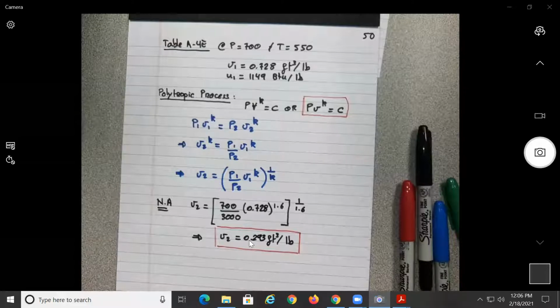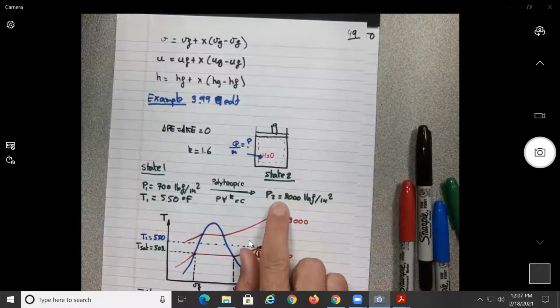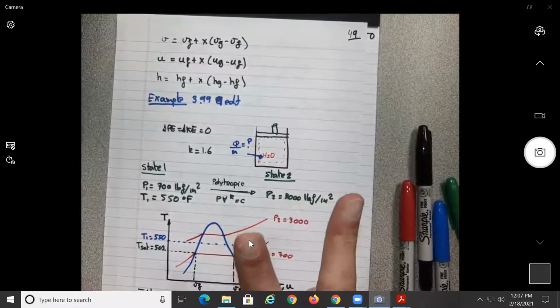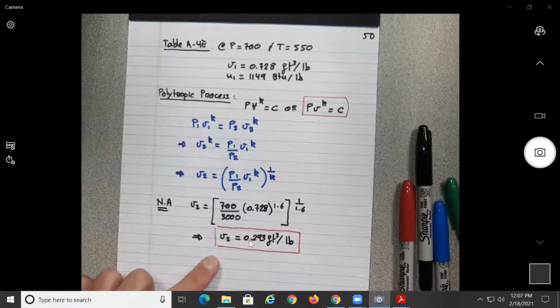All right, so why is that important? Because initially, how many things did we know about state 2? Only one, correct? How many things do we need to know in order to determine the state? We need 2, no? Do we know 2 now? We know the pressure, we know the specific volume, no?